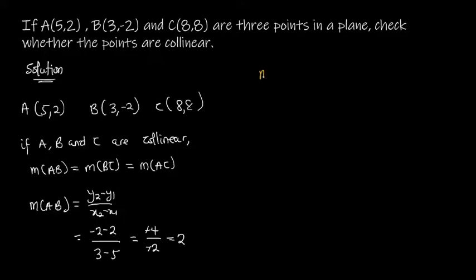So for the gradient of BC, this is equal to y2 minus y1 on x2 minus x1. Because B is our first point, this is my x1, y1, x2, y2.